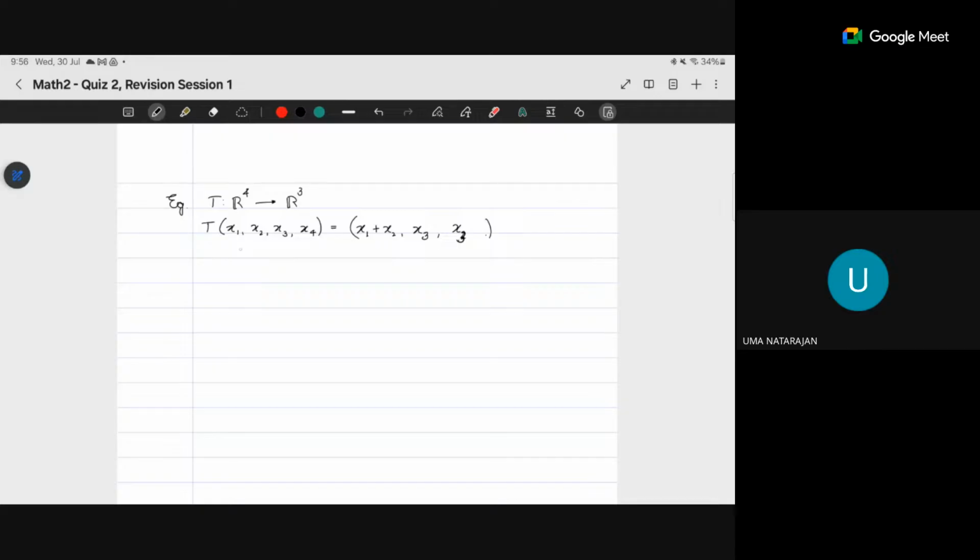I'll take E1, E2, E3, and let's say the final vector, instead of taking E4, I'll take it as this. This is not the standard basis, and let me just call this guy V4. All right, what is the matrix of the transformation with respect to this basis? How do I calculate? What is T of E1?